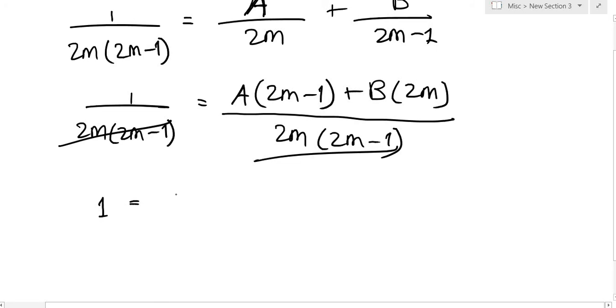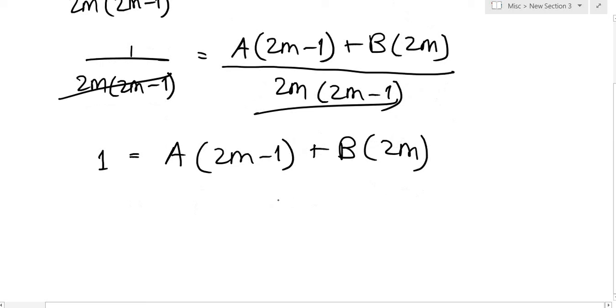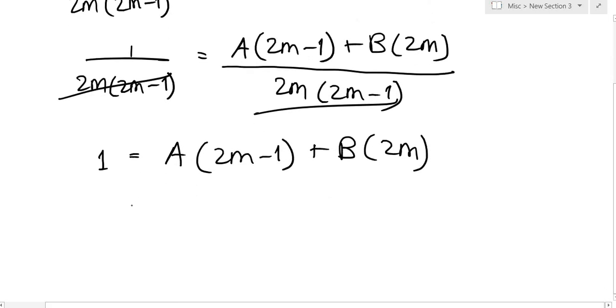Essentially, we have 1 equals a times 2m minus 1 plus b times 2m, right? We actually need to solve for a and b. We need to find those coefficients that will enable us to split this fraction into these two sums. And the way to do that is, let's just use the Heaviside technique.